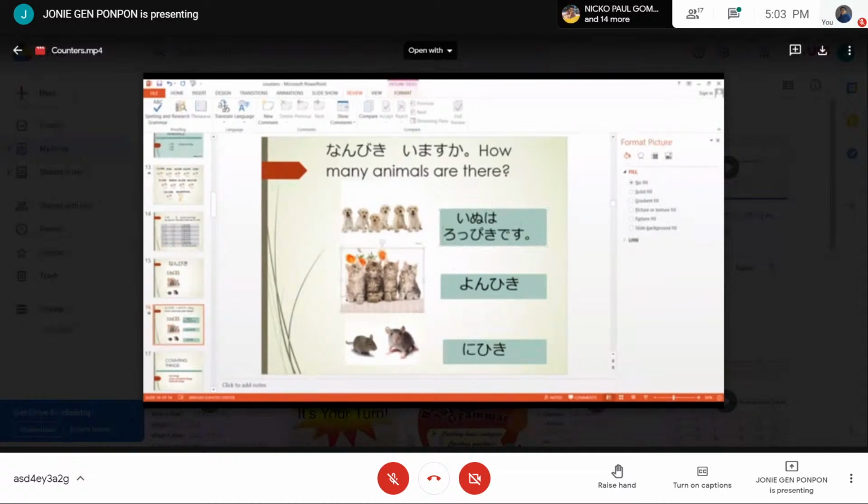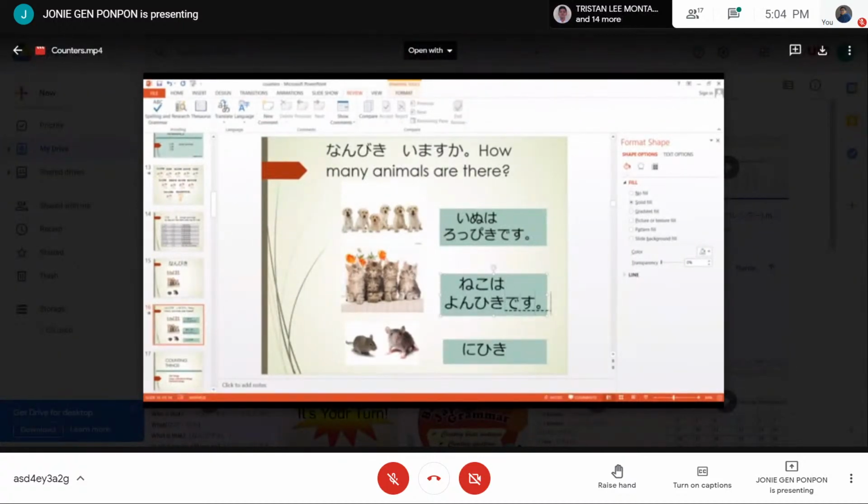Next picture, let's have 4 cats. Cat in Nihongo is neko. Neko wa yonhiki desu. Next, how many rats are there?